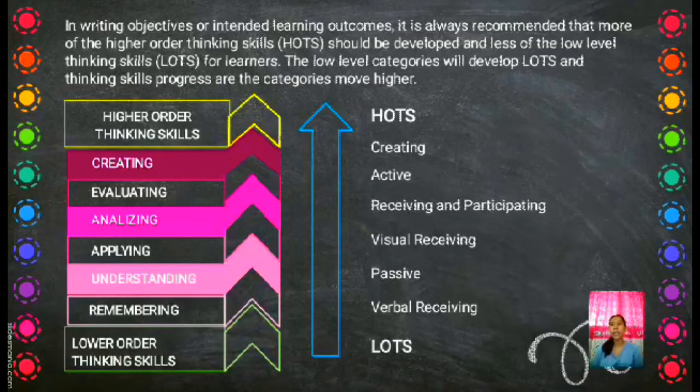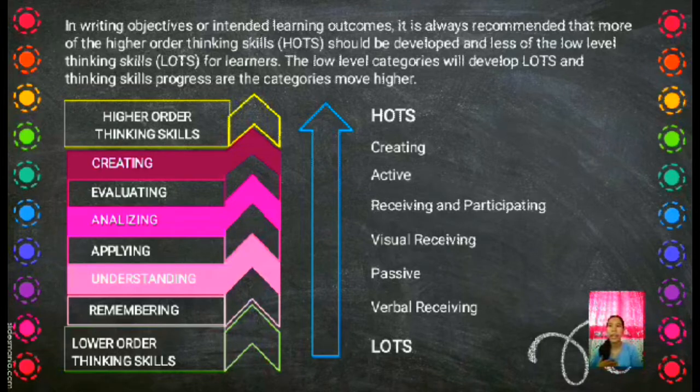In writing objectives or intended learning outcomes, it is always recommended that more of the higher order thinking skills should be developed and less of the low-level thinking skills for learners. The low-level categories will develop lower thinking skills, and thinking skills progress as the categories move higher.